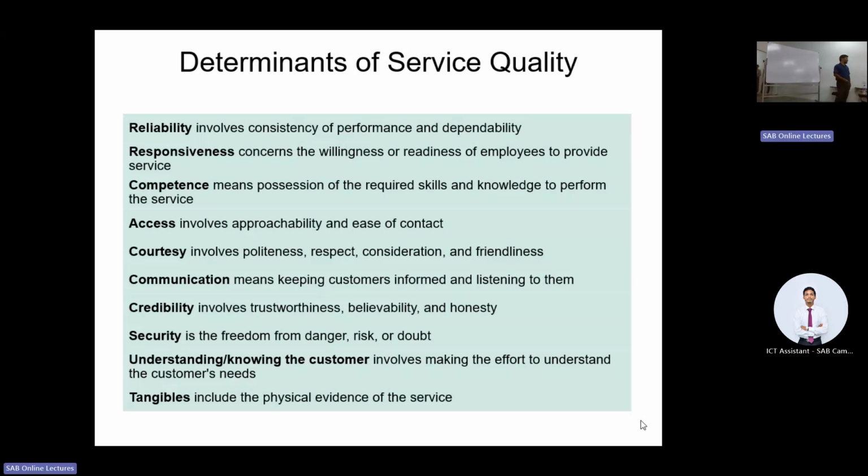Reliability of the service: whether the service providers consistently perform at an acceptable level. That's called reliability of the service. And responsiveness is also important in services. When customers come, do the service providers attend to their requirements quickly?